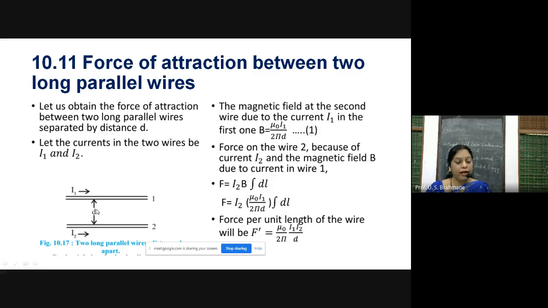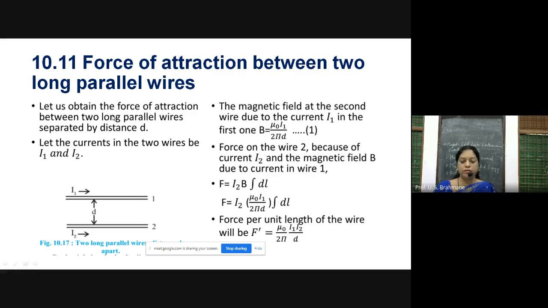If it is attraction, then this wire and this wire come closer, so this distance d is reduced. But if there is repulsion, that is, the directions of the currents are opposite, then this d becomes greater. The wires go far away from each other. This way we get the force of repulsion.